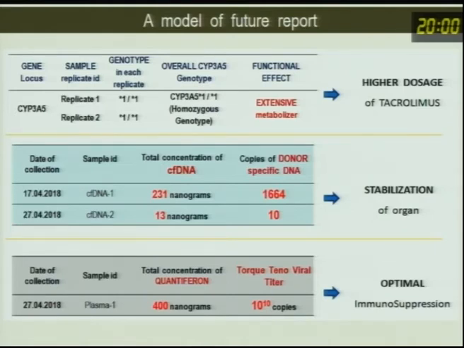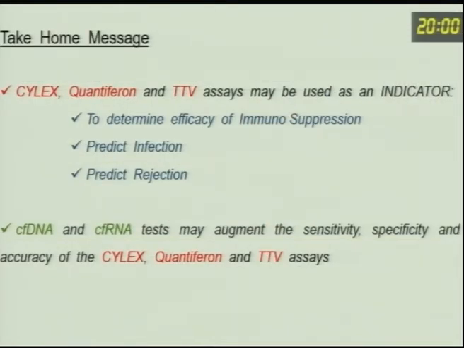When these kinds of reports go out of the lab, I always make sure that they're 100% perfect and accurate. The take-home message is that all these Cylex, Quantiferon, TTV assays may be used as an indicator to determine the accuracy of your immunosuppression. And if you add the cfDNA and cfRNA test, probably it's going to augment the sensitivity, specificity, and accuracy.